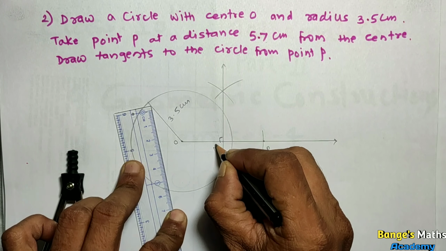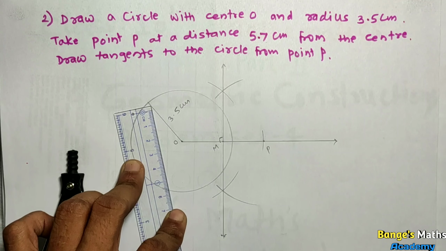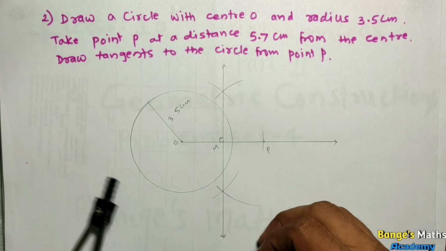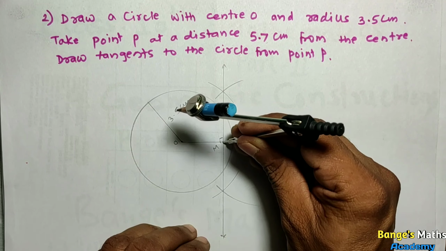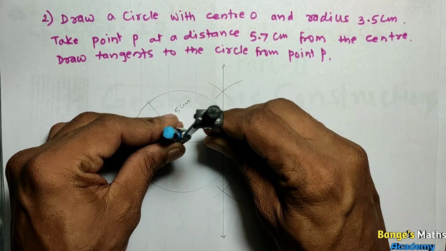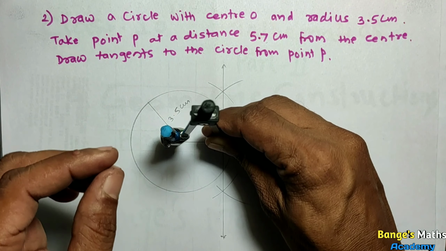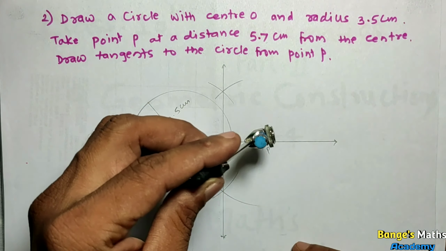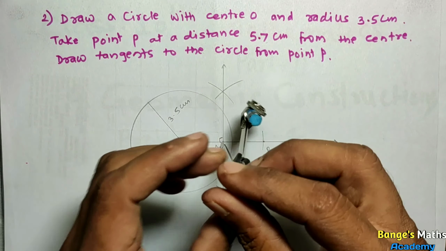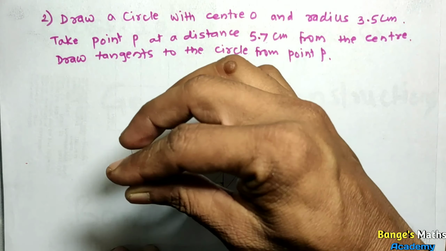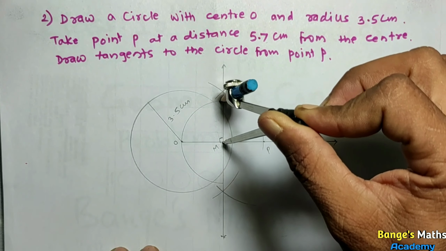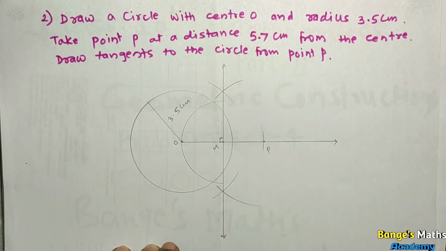Take point M, then M as a center and MO as a radius. Take distance between compass as MO or MP. Then draw intersecting arc to the circle like this.